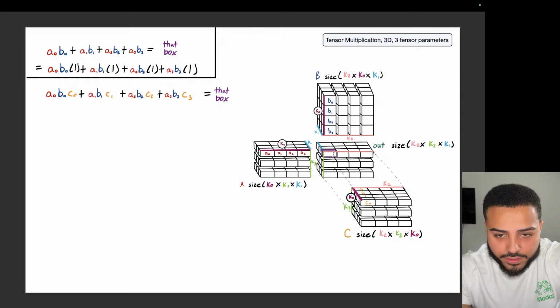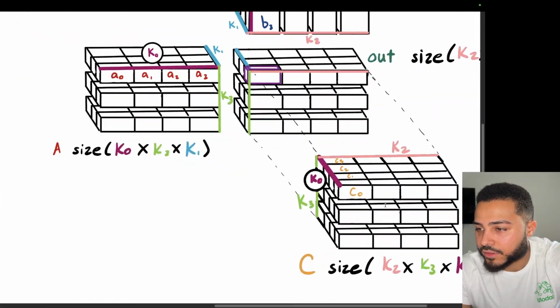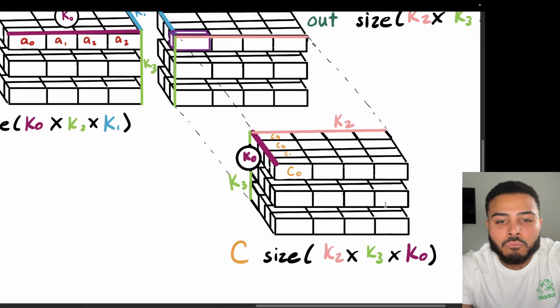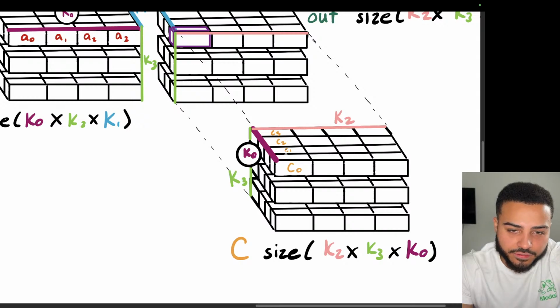But for this one entry, this one box, if we label this vector as C0 through C3, let me zoom in because I actually don't know how big it looks for you. So we label just this vector because we're calculating this purple box.